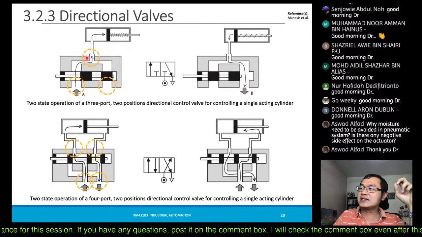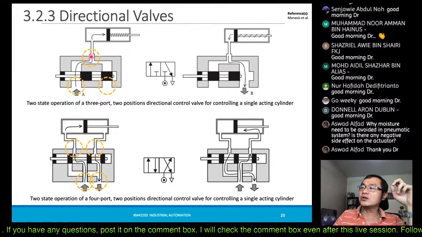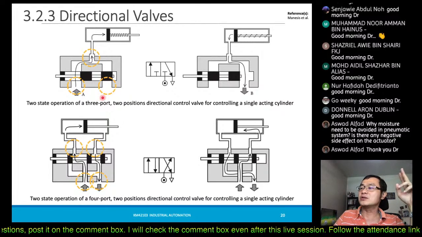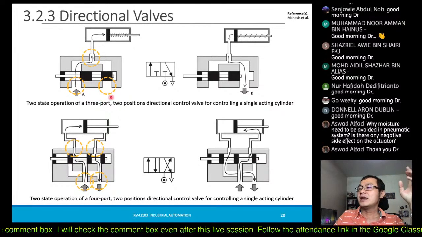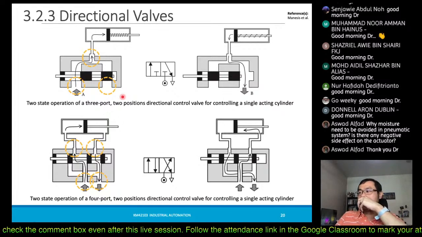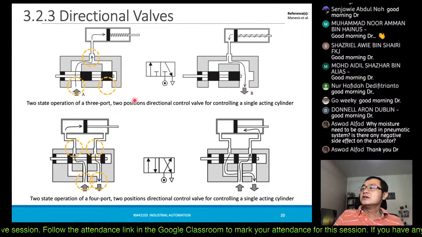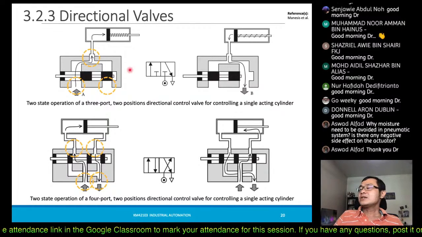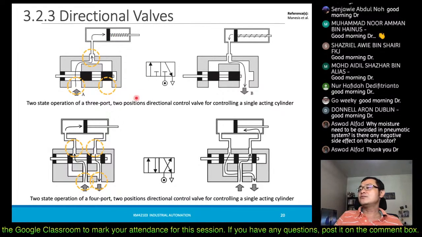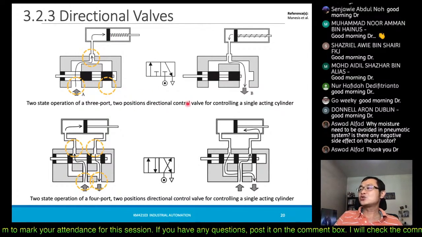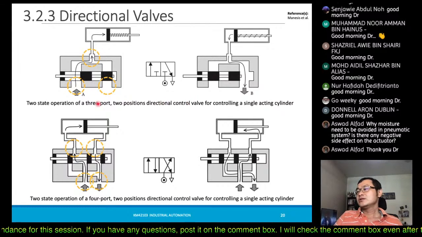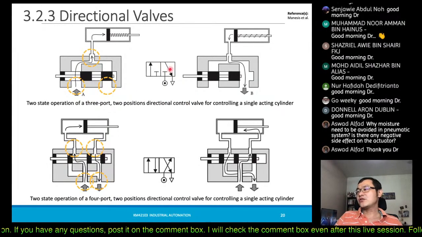Also we can see that in this piston there are 3 ports: 1, 2 and 3. So we say it is a 3 port, 2 state, or 2 way of operation. Later on we just write 3/2 and so on, meaning 3 ports, 2 positions of switching.